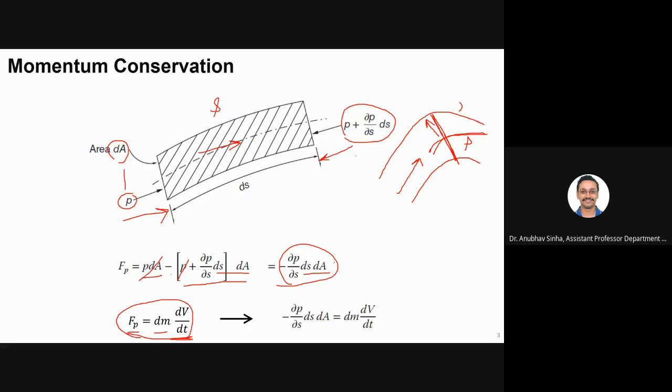So I can write this equal to dm dv by dt. Is this okay? Yes, sir. Now we'll try to figure out how to find dv by dt, and then we'll substitute this into this equation and find a simplified equation.